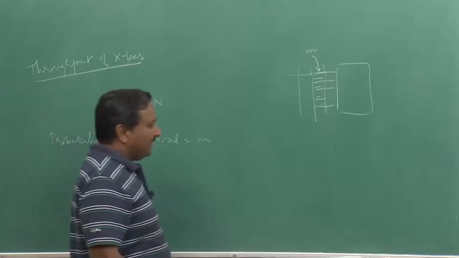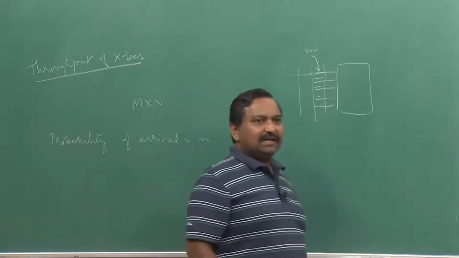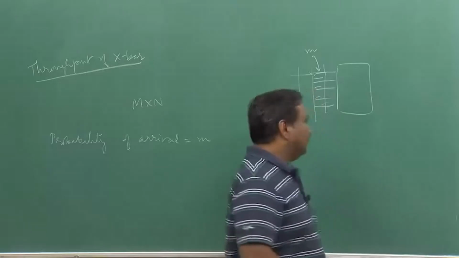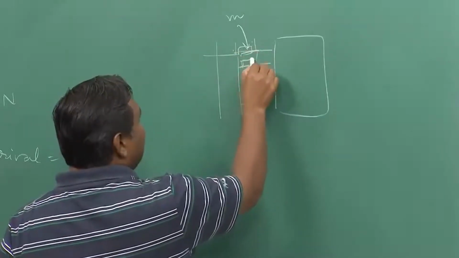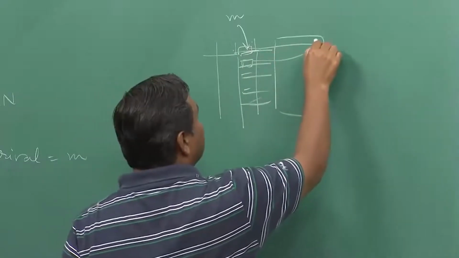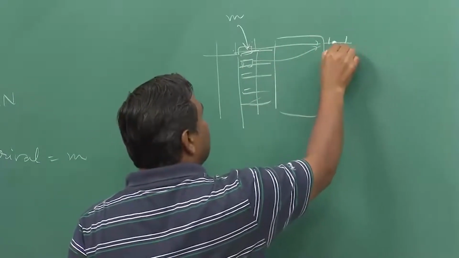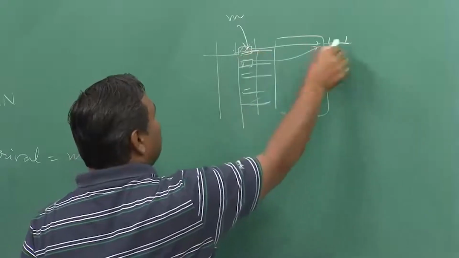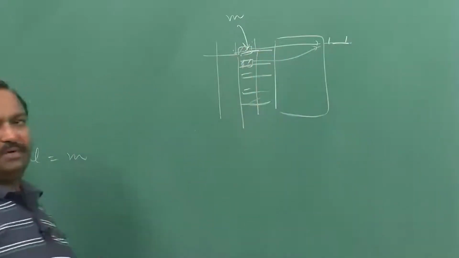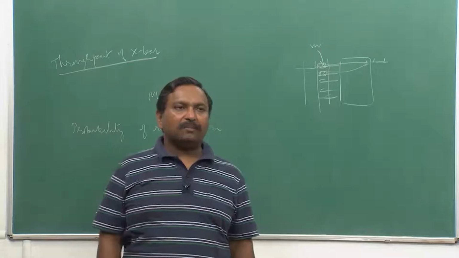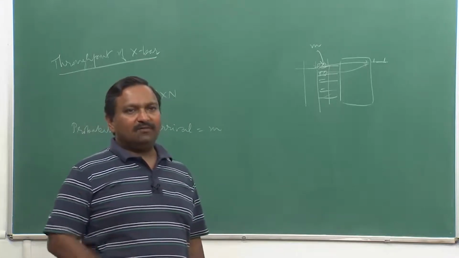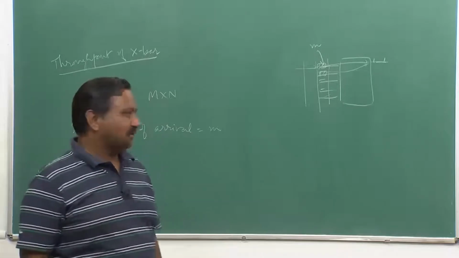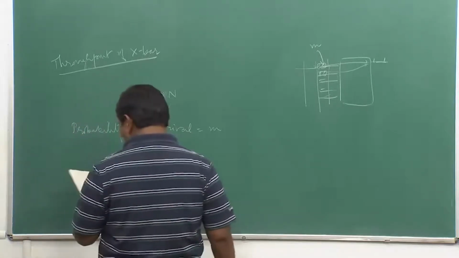And of course, again I am assuming that there is nothing like input queuing here. So, if more than one packet wants to go to the same outgoing port, I will only allow one packet to go through, the second one will be dropped. So, all but one of the contending packets for an output port will be dropped and one will be put to the outgoing port. That is the assumption.